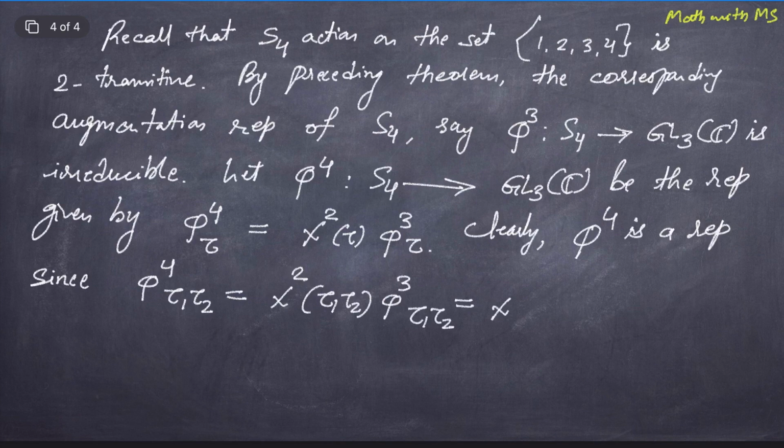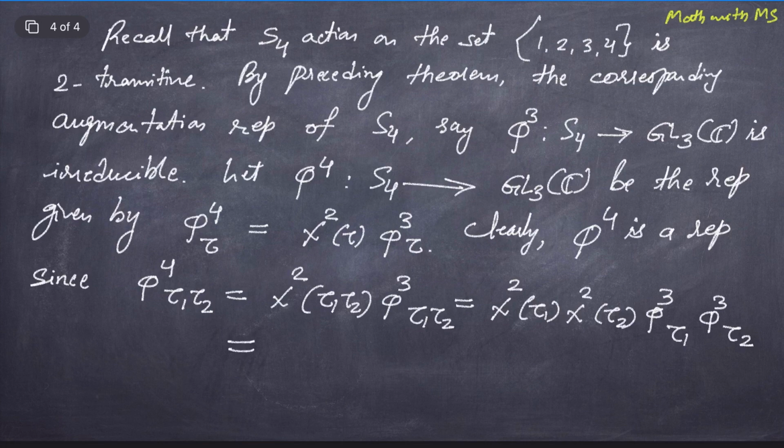Both of them are homomorphisms. So chi 2 of tau 1, chi 2 of tau 2, phi 3 of tau 1, phi 3 of tau 2. Alright. But now you see phi 3 of tau 1 and phi 3 of tau 2 are 3 by 3 matrices, but chi 2 of tau 1 and chi 2 of tau 2 are actually scalars. In fact, they are 1 or minus 1. So you can bring them inside.